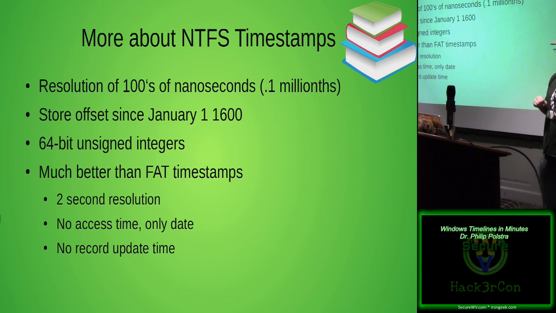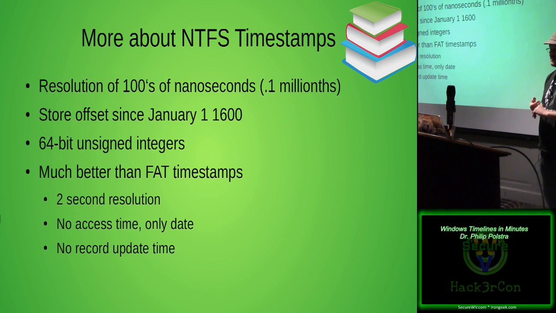But so a little bit more about timestamps in NTFS. Right? You get resolution in hundreds of nanoseconds, also known as 0.1 millionths of a nanosecond. Of course, it's not as good as Linux. In Linux, you get 1 nanosecond, not hundreds of nanoseconds resolution. But Linux is always better, right? You already knew that.